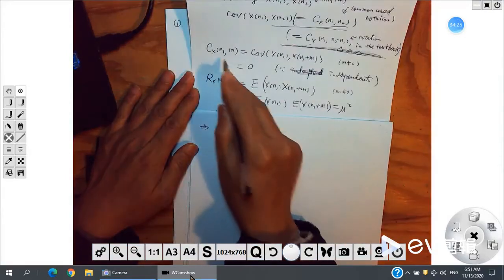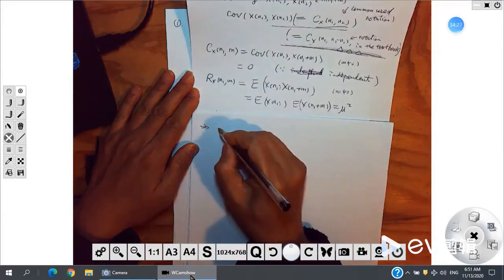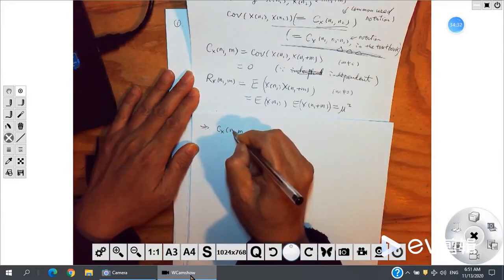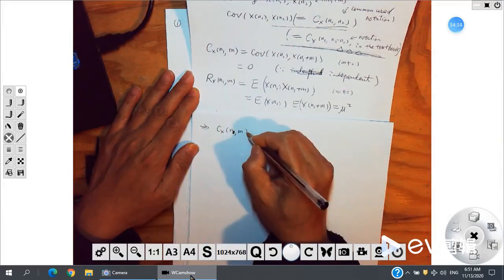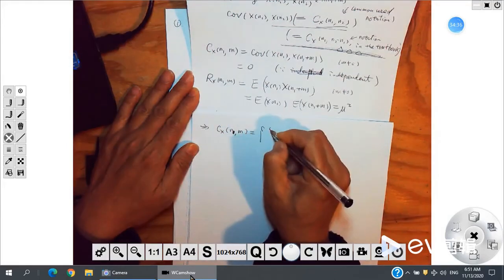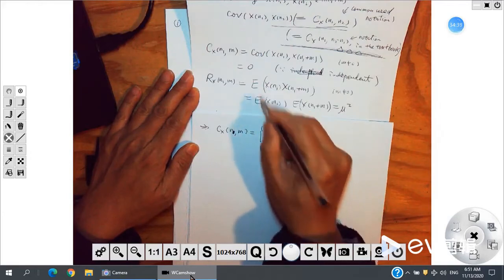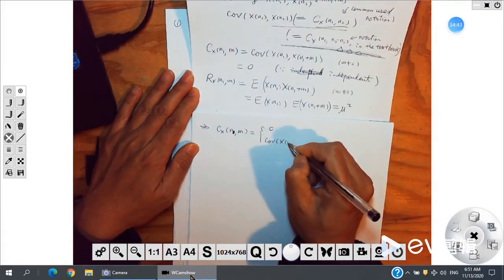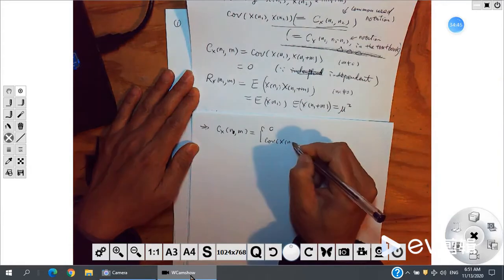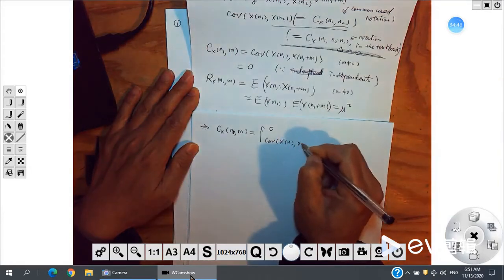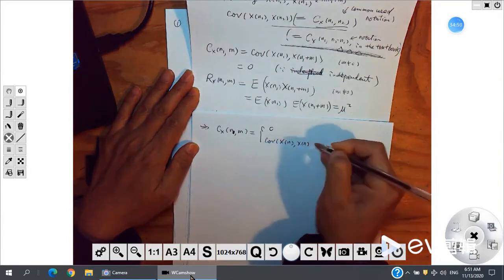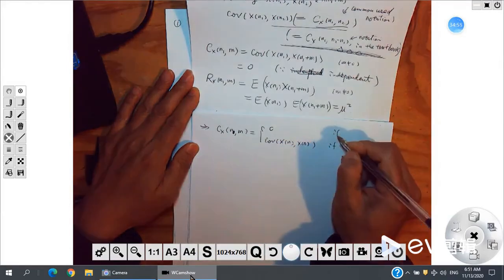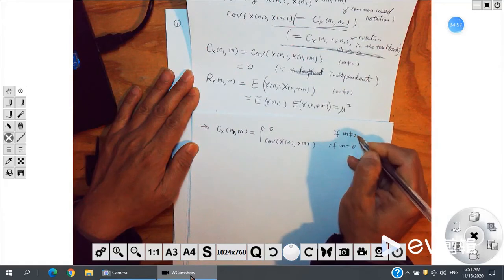So we consider when m is 0, so we have Cx of n, m, or just n is fine. Cx of n, m is equal to 0 if m does not equal 0, and if m is 0, it is the covariance of just x of n and x of n plus 0.